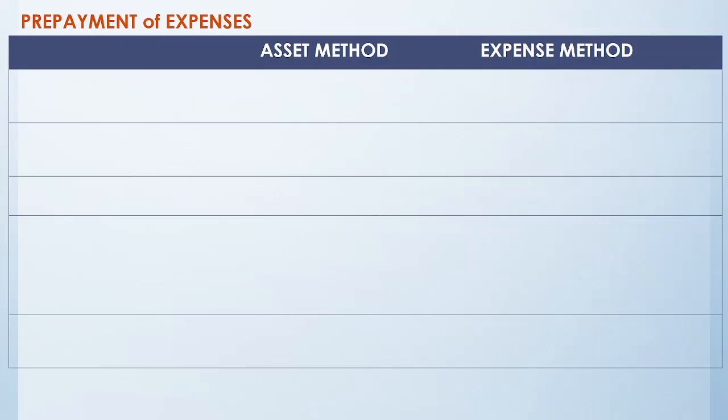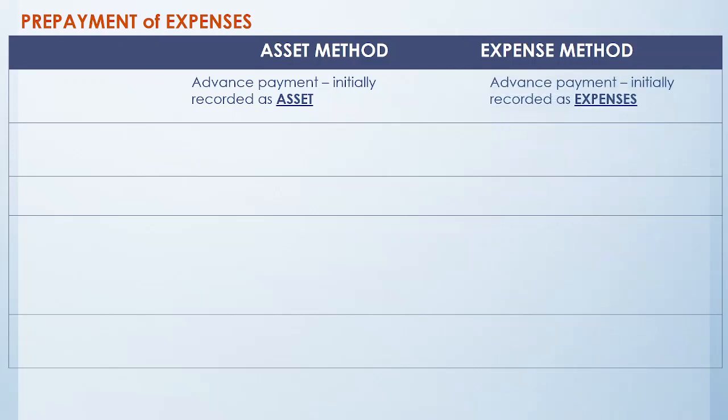These transactions may be recorded initially as prepaid assets or prepaid expenses, which expire either with the passage of time, such as insurance and rent, or through usage or consumption, as in the case of supplies. We have two methods in recording such prepayment of expenses: the asset method and the expense method.